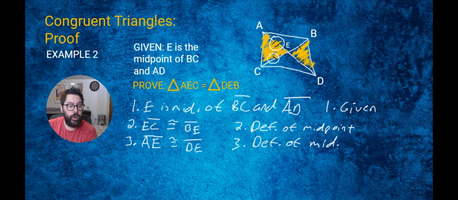And what you have here in the middle, with this angle here, AEC or CEA, and this angle here, BED or DEB, however you want to call it, those angles are called vertical angles. And that's a symbol for angle.